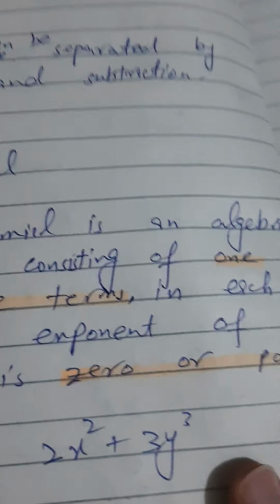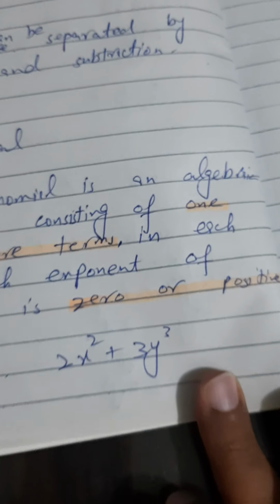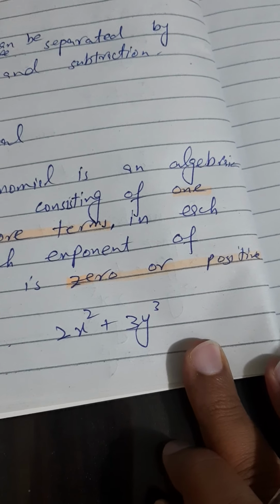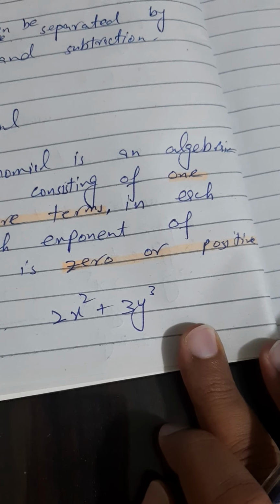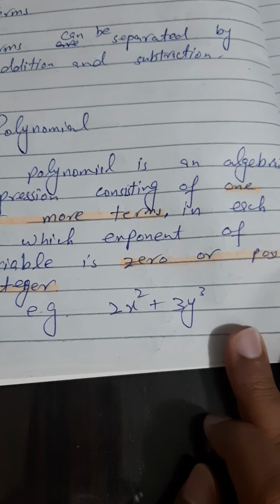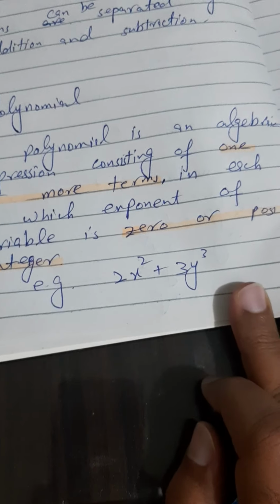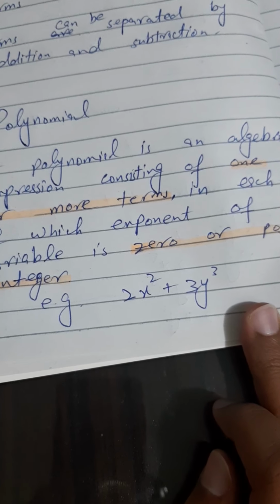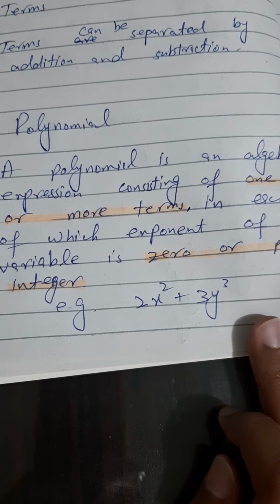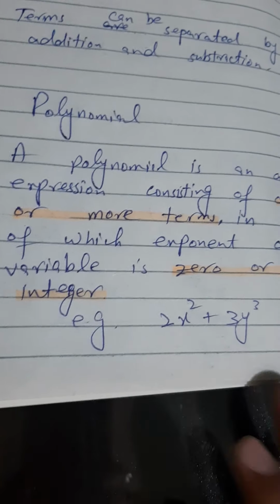Now next is definition of polynomial. A polynomial is an algebraic expression consisting of one or more terms, in each of which exponent of the variable is 0 or positive integer. So there are two important things in this definition. First is that it has one or more terms, meaning there may be 1, there may be 2, 3, up to so on.